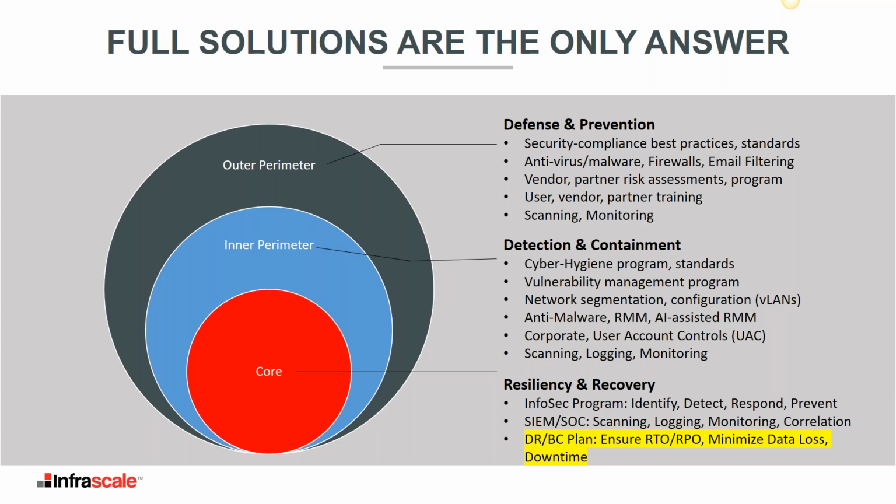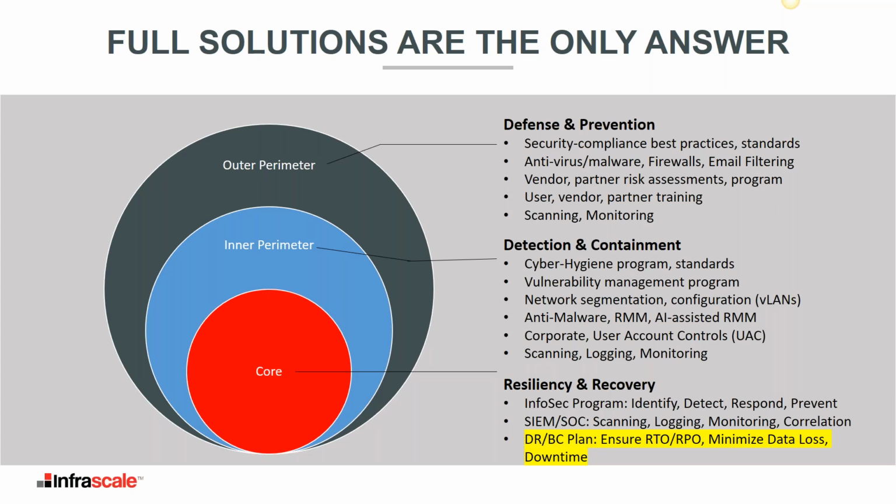Without proper inner perimeter security solutions, it's very difficult or just not possible to determine that. So you just have to take guesses at where you can improve things instead of knowing exactly how a certain malware or system got in.